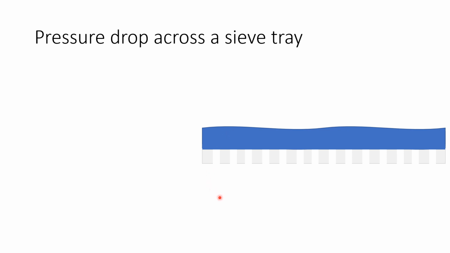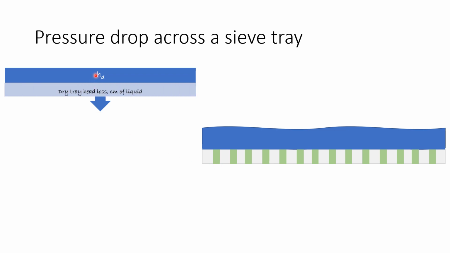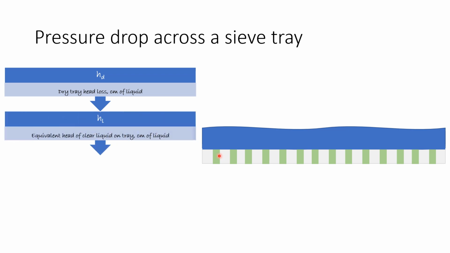Now, when gas is passing from the bottom to the top, at the beginning, it will have to pass through the orifice of these holes, which is going to cause pressure drop, which is called HD, dry tray head loss. And the second reason for pressure drop is that once the gas passes through the hole, it will have to push the liquid upward in order to be able to pass through it.